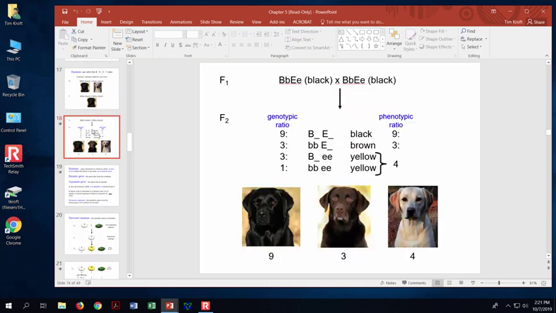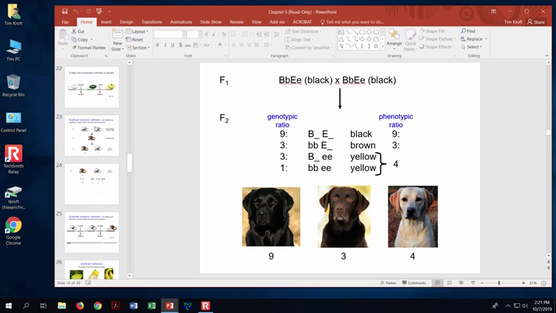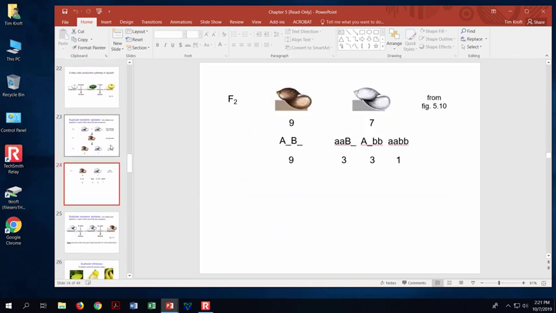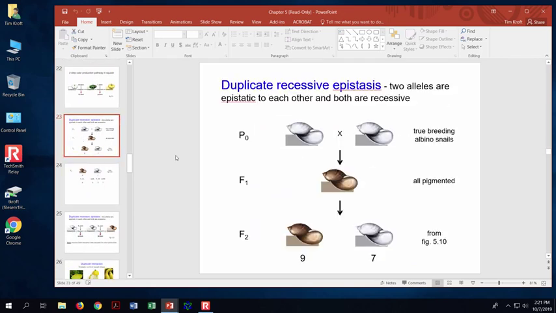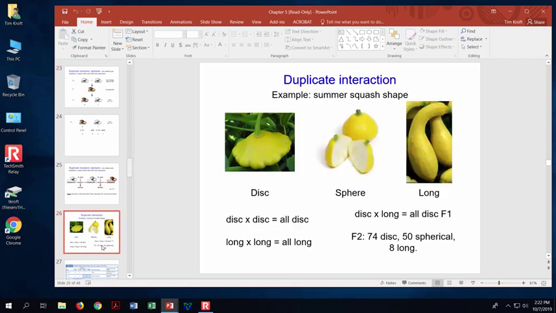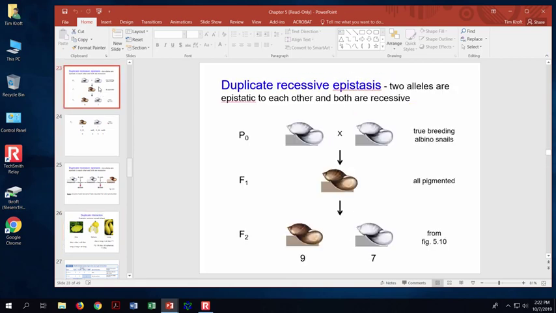So the difference between duplicate recessive epistasis and duplicate interaction, right? Which is going to be this one here. Well, I will go back and say, for anything that's epistasis, you know that it's epistasis and not a lethal allele because you still get the right total number of classes, right?